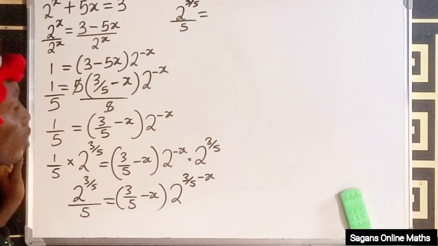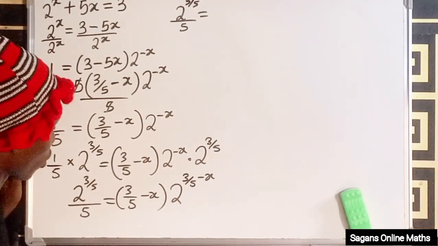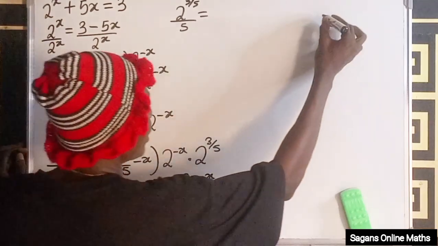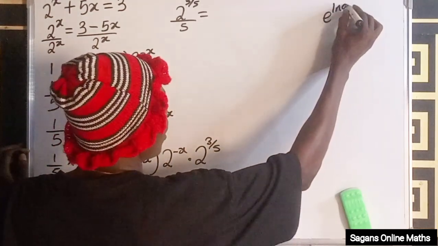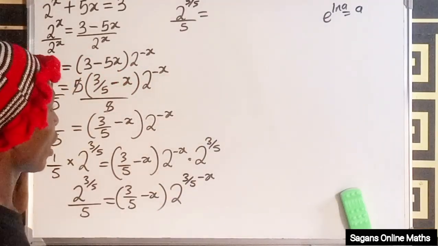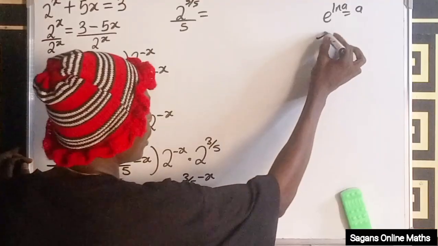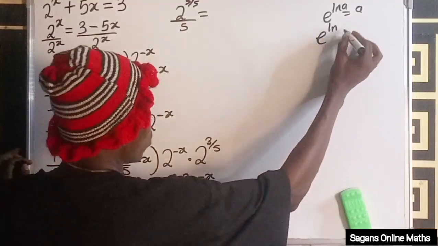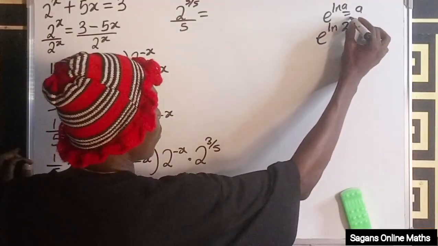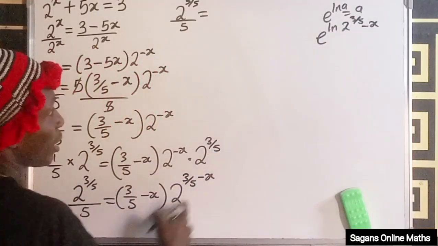Now, by obeying the properties of logarithm, we know that e raised to the power of ln a is equal to a. Now look at what you are going to do. In place of this, I can write this as e raised to the power of ln of 2 to the power of 3 divided by 5 minus x, is equal to this.